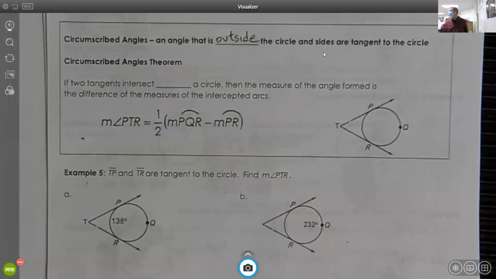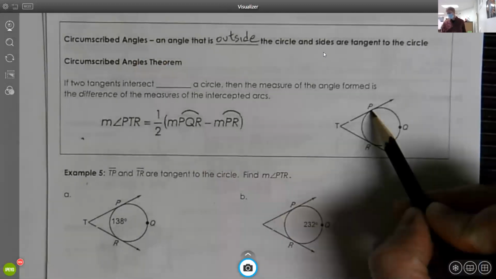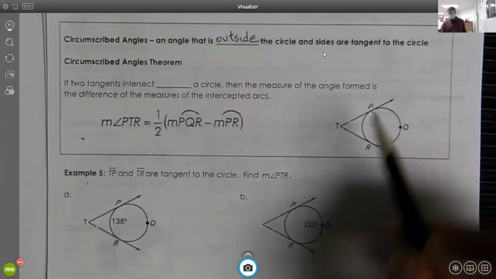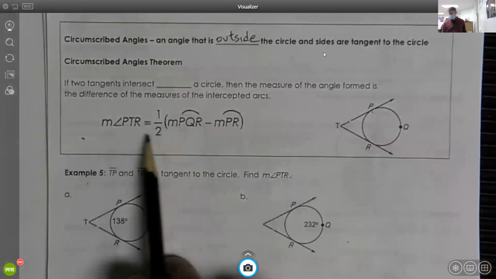We know what tangent means. Tangent means it's going to come over and touch at exactly one point. There's only one way that that could lie in there. It gets a little bit more complicated when you're looking at your formula.